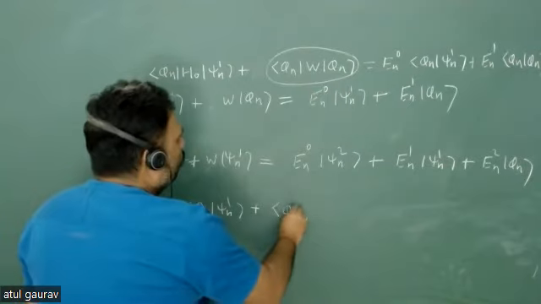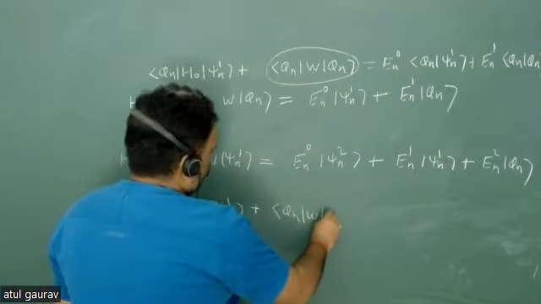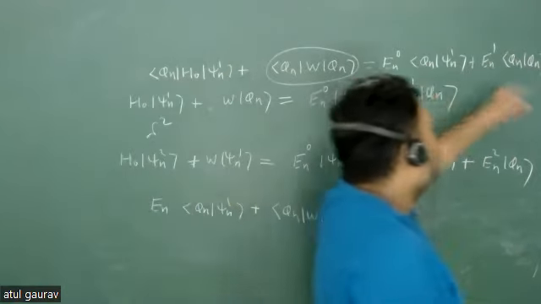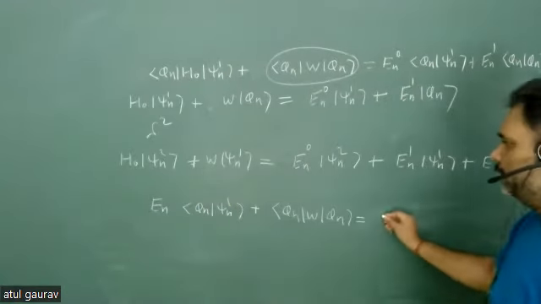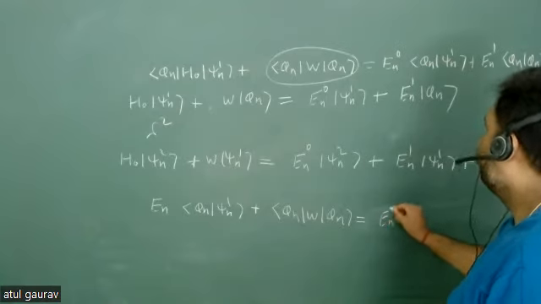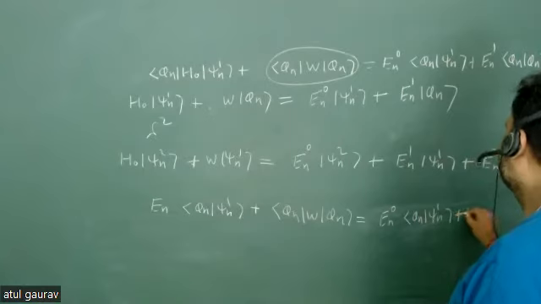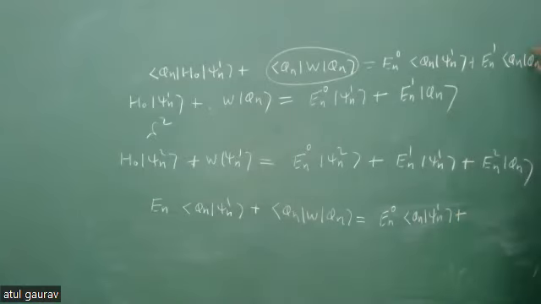So is this known to you or unknown to you? Known to us. You only have to calculate this value. And this value is En0 phi n psi n1 plus what is this value? 1.